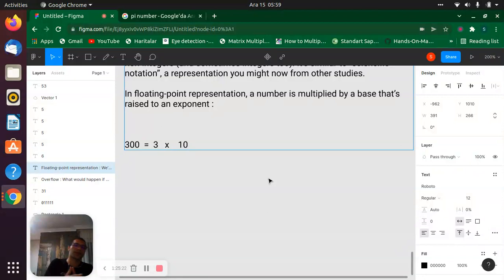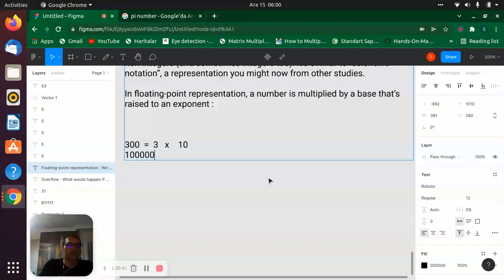We just don't want to write 1000 and something like that. Or for 1 million, or just think 100,000, how can you represent it? You have to say 10 to the power of 5, so it will be 100,000. But we don't want to write all of these zeros. We just have to represent it this way.